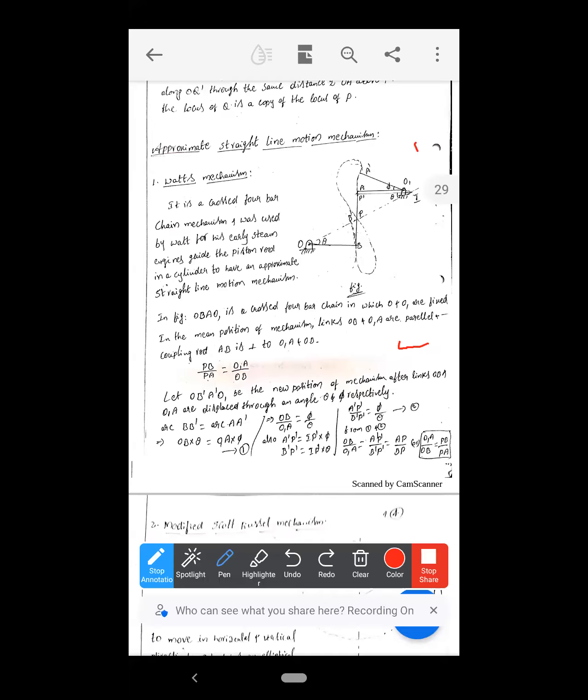So PB by PA equals O1A by OB. That is the equation, from the triangles POB and PO1A. Here we may write the values: the opposite sides, the hypotenuse, and the adjacent sides.